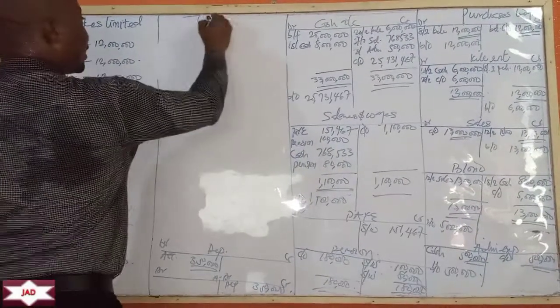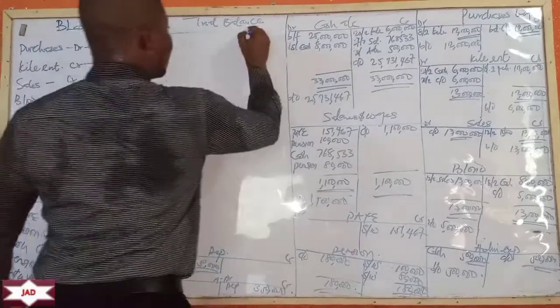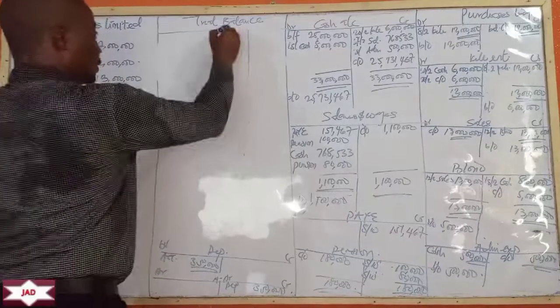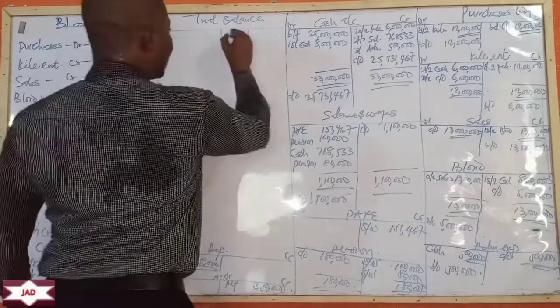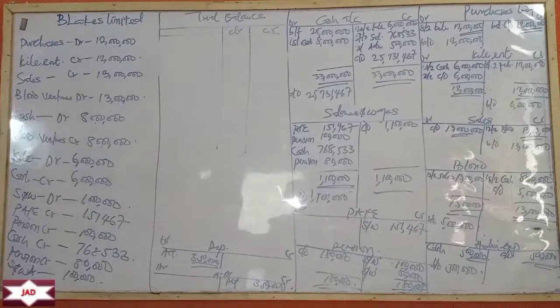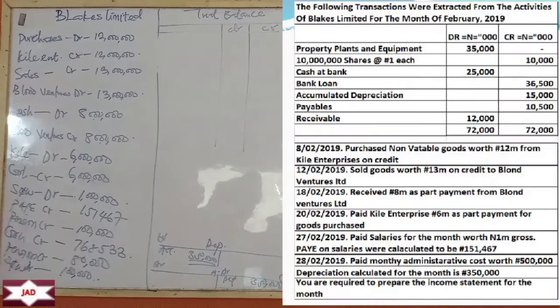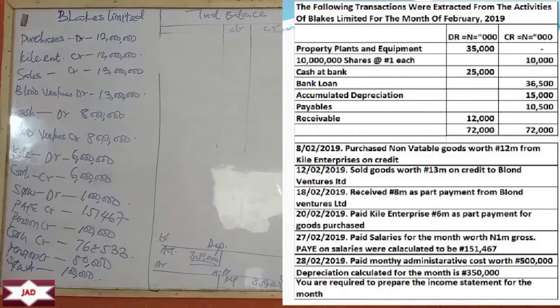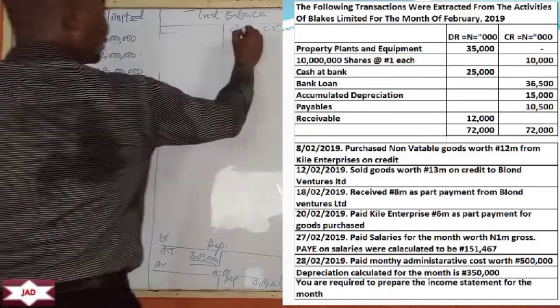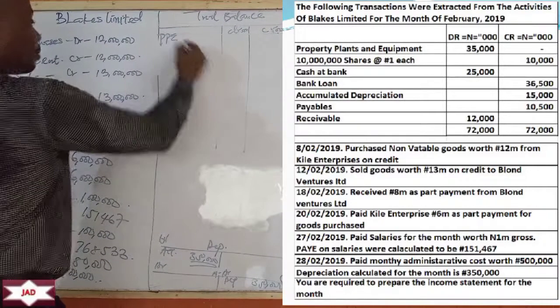So we'll say trial balance. Remember, we already have some figures. Debit, credit. We already have some figures. So what do we have here? Property, plant, and equipment.